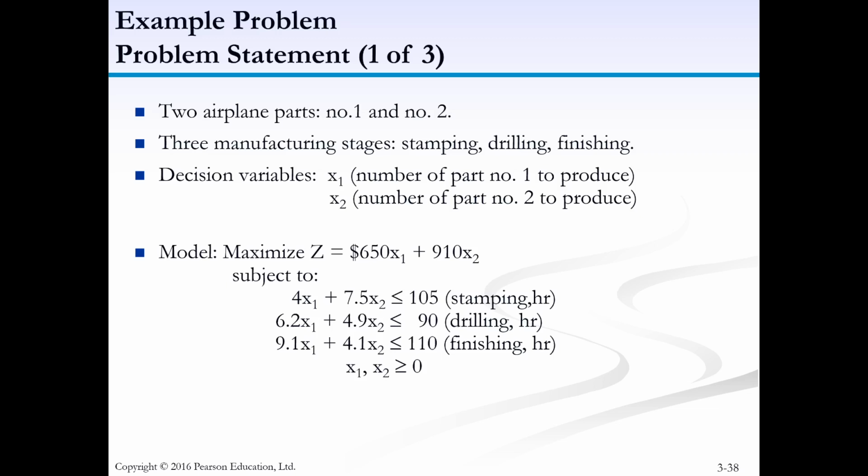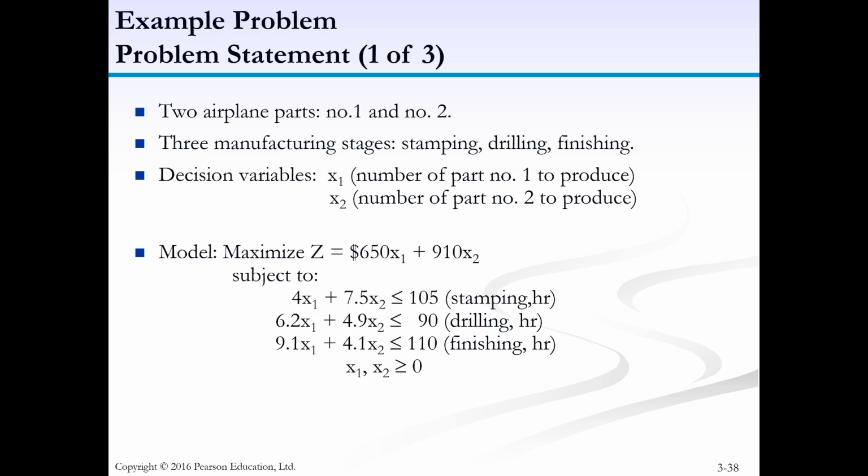Okay, let's see one example problem just to have our concepts embedded in our minds firmly. So we have these two airplane parts, number 1 and number 2. Some company is making two parts, and there are 3 manufacturing stages: stamping, drilling, and finishing.